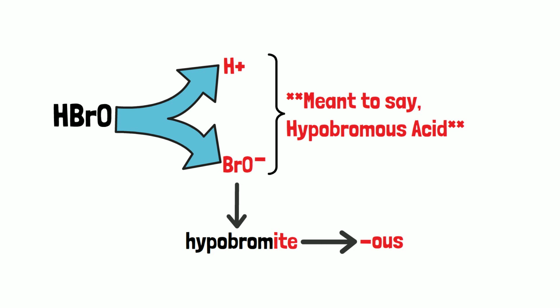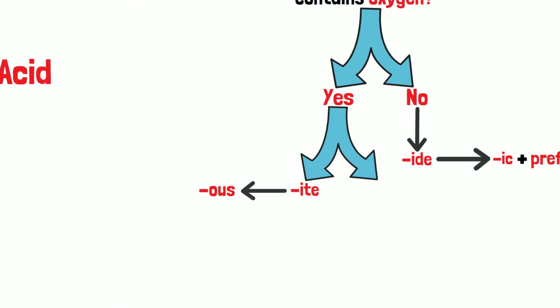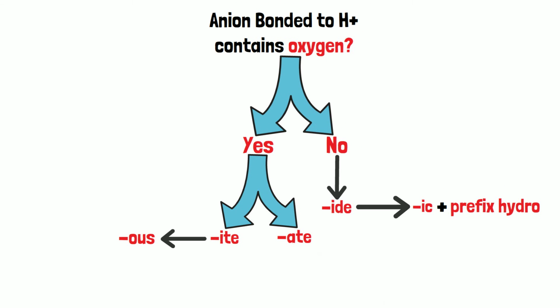Lastly, when it comes to naming acids, if the anion has oxygen attached to it and has a name that ends in ATE, you change ATE to IC. Let us illustrate this by looking at two examples. The first example is H3PO4.